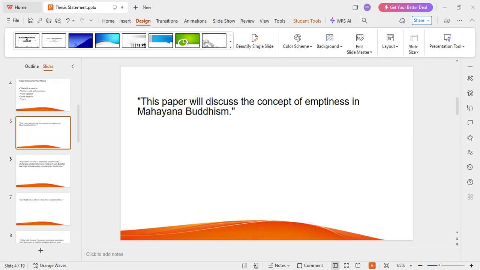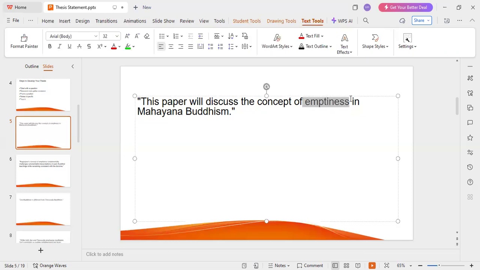If you just type the keywords of this topic, it would be emptiness, Shunyata, and also Mahayana and Buddhism. So you can consider these as keywords.